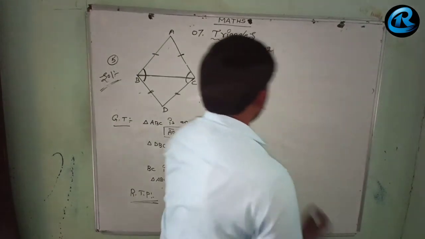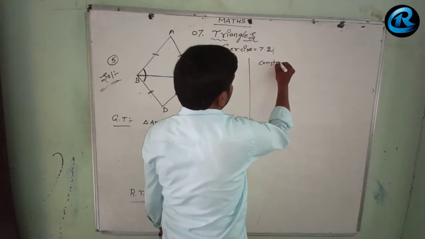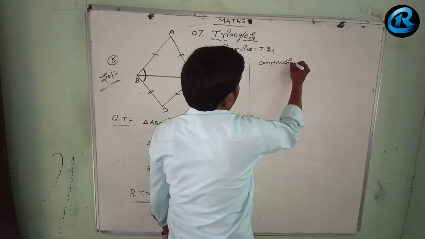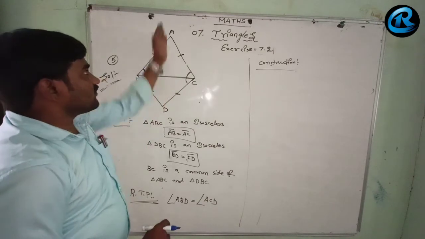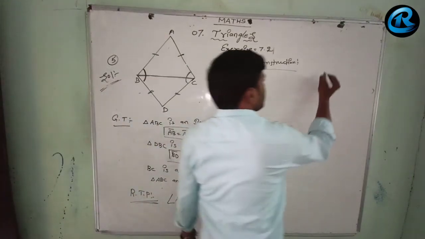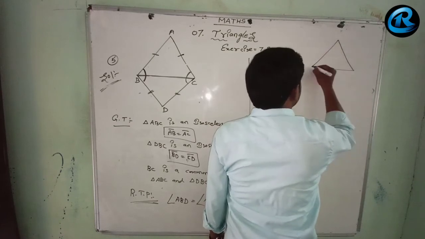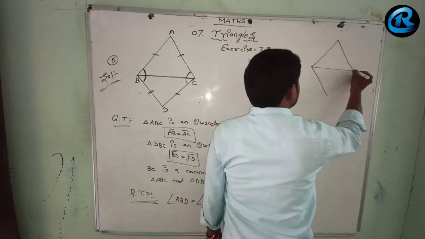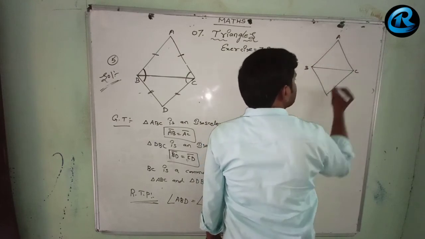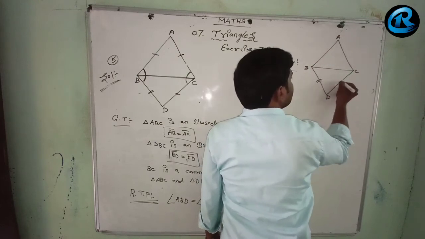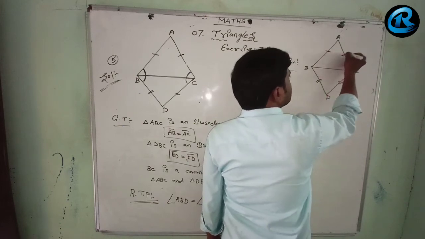How can we show that? A little construction is required for this. Let's go for the construction. This is the actual diagram where A, B, C were given and D is given. Here BD equal to CD and AB equal to AC.